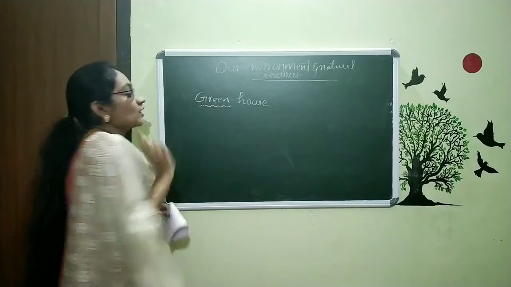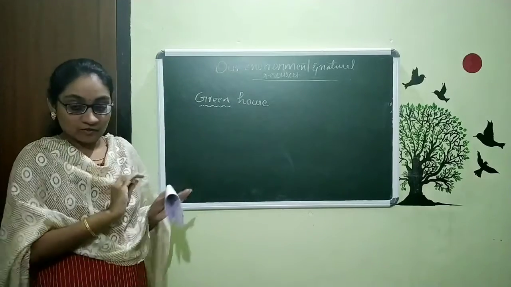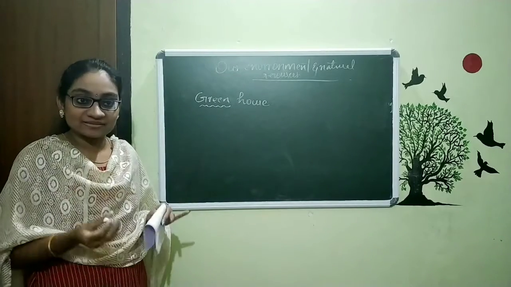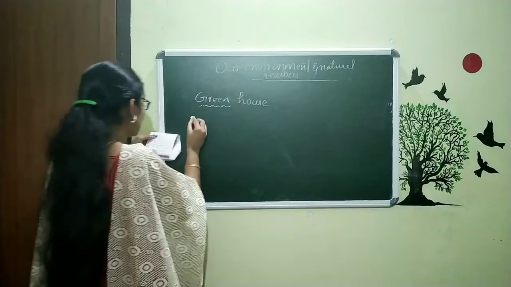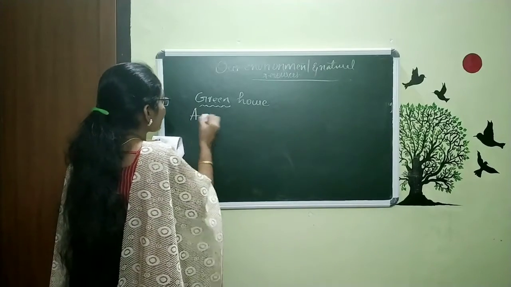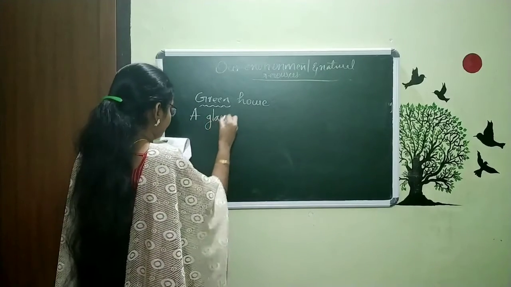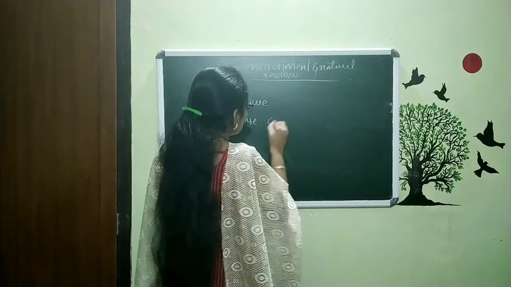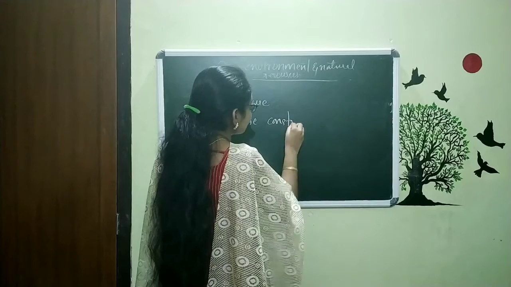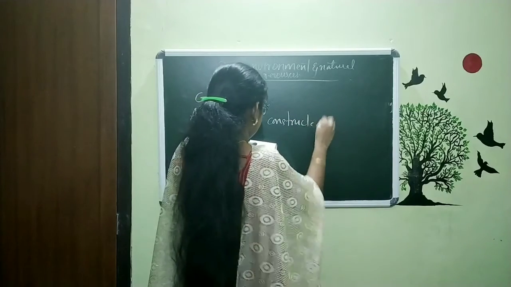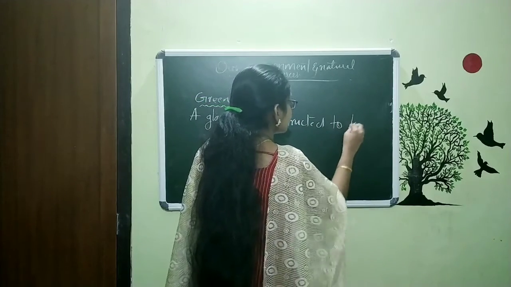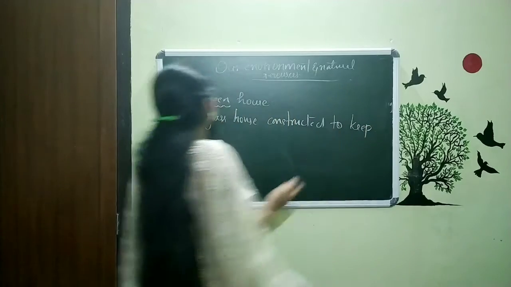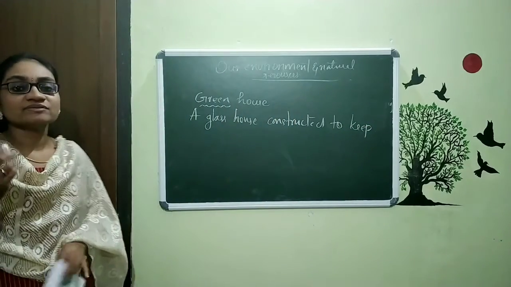This greenhouse is a glass house. It is made of glass. A glass house constructed to keep delicate and rare plants in warmth and to protect them from changing weather.